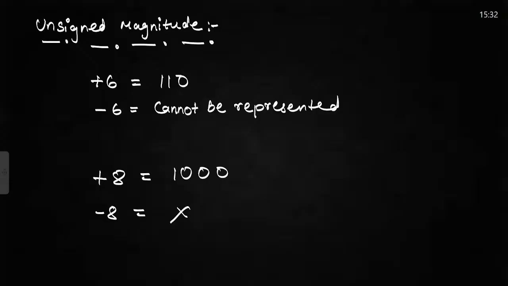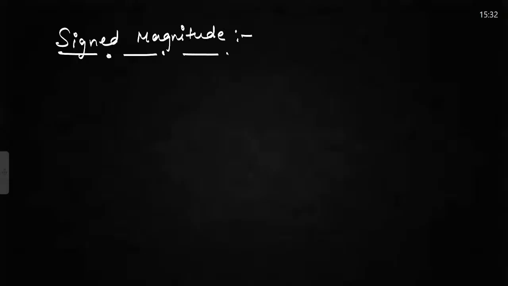Now let us understand signed magnitude with the same examples. For signed magnitude, if I am writing +6, for positive everything is the same. For +6 we will have 110. For -6, we will add one extra bit to represent the negative sign.